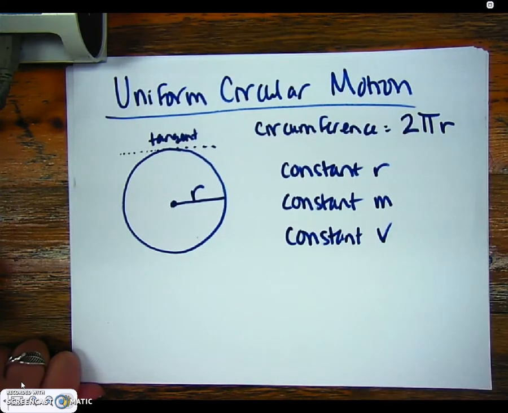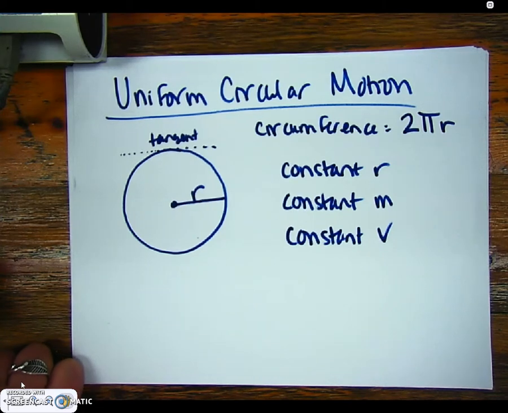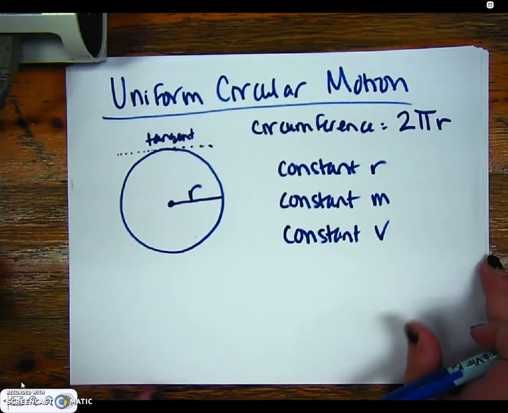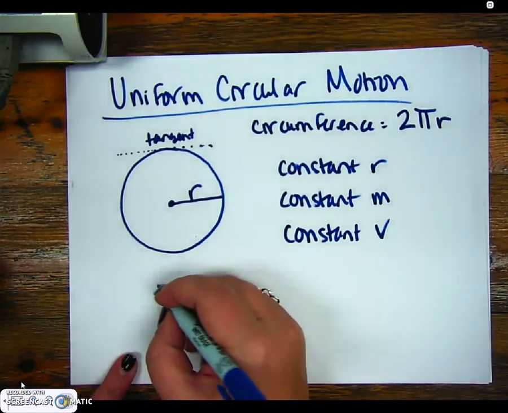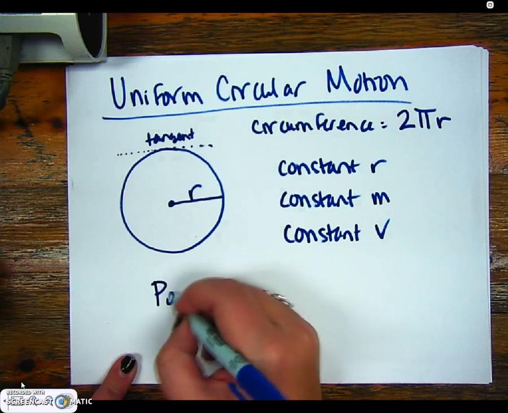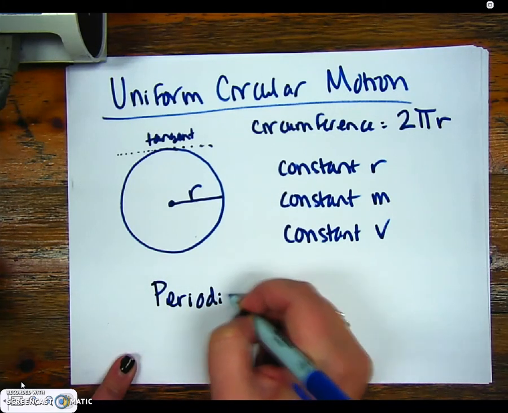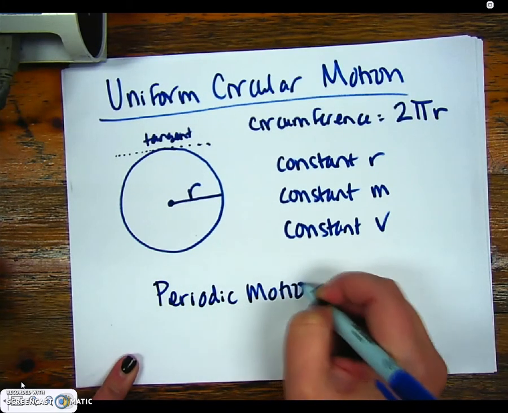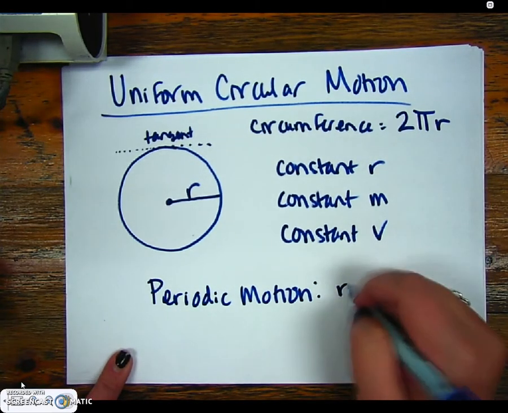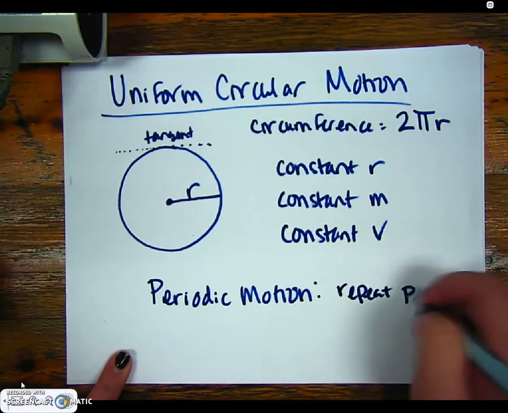Now I'm going to introduce you to a couple of other concepts that we will use a little bit in this unit, but then also, like I said, we'll come back when we talk about Unit 7, which is called simple harmonic motion, a unit on periodic motion. And periodic motion is the study of anything that is going to repeat a path or a pattern.